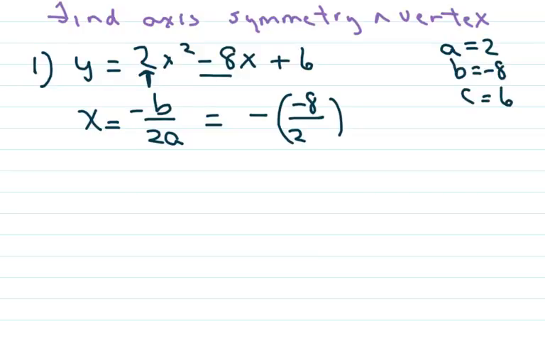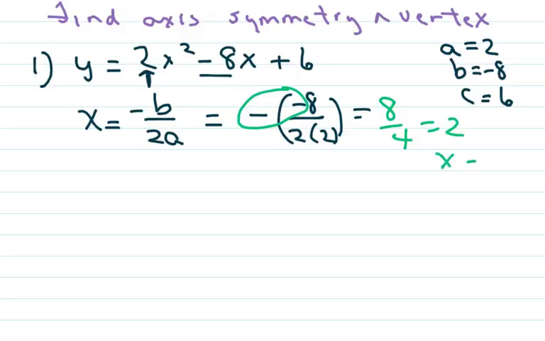And we can do the c part too. So 2 times 2, I already see that 2 negatives make a positive, so that's going to be 8 over 4. That equals 2. So x equals 2 is my axis of symmetry.